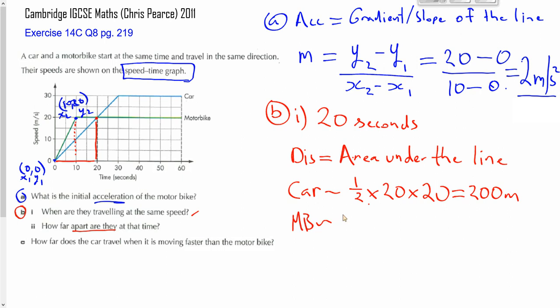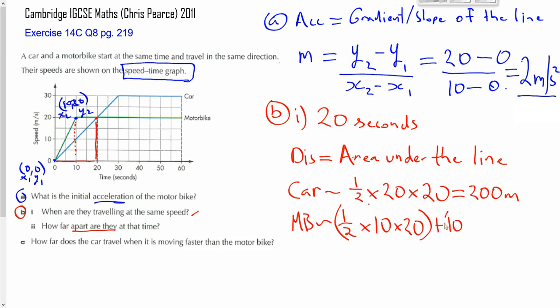The triangle is going to be half times the base, which is 10, times the height of the triangle, which is 20. We're going to add that to the area of our rectangle, which is 10 by 20.